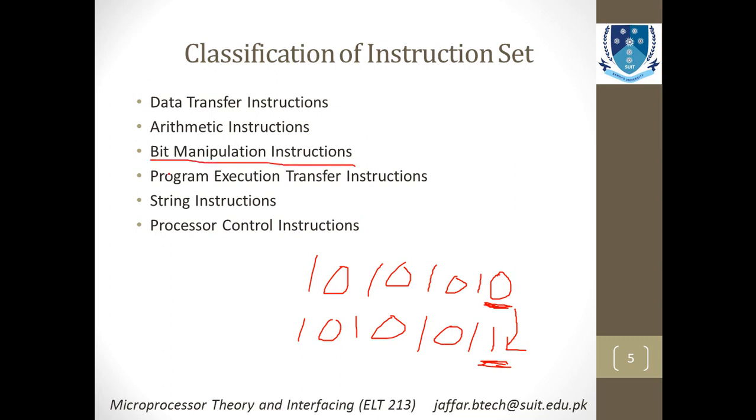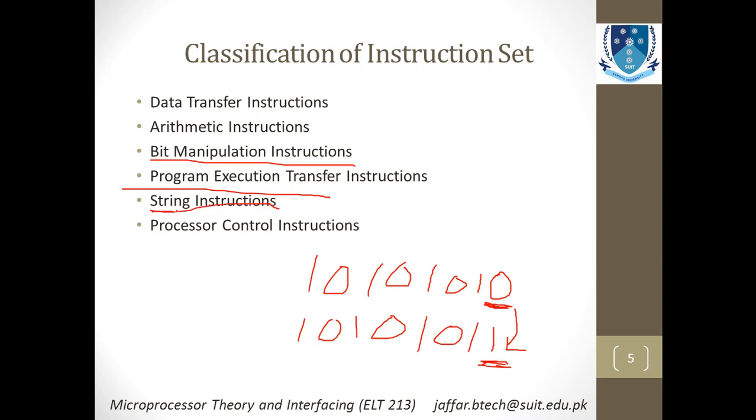Similarly, another group is program execution transfer instructions. We will discuss that in class, inshallah, because it's a huge topic. For now, kindly understand that you can transfer the whole program execution using these instructions. After that, there are string instructions.